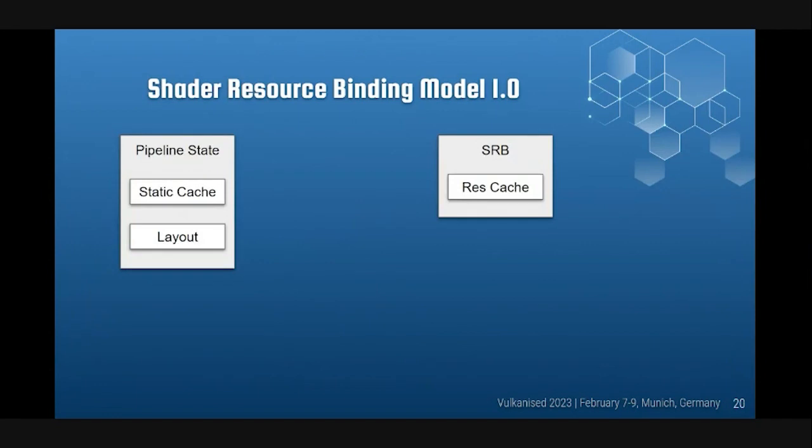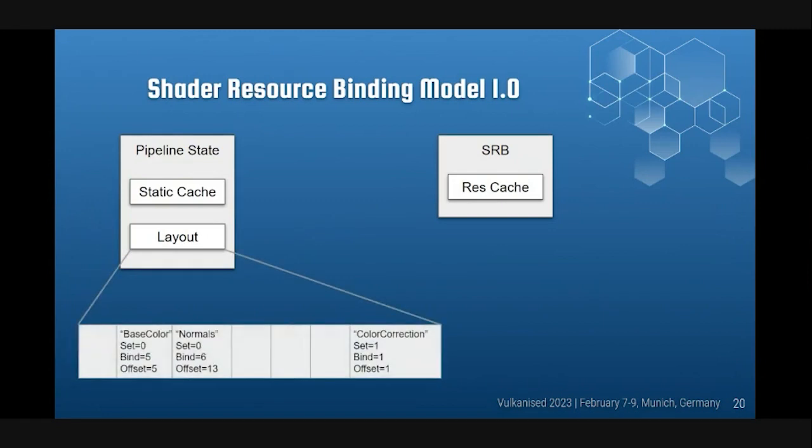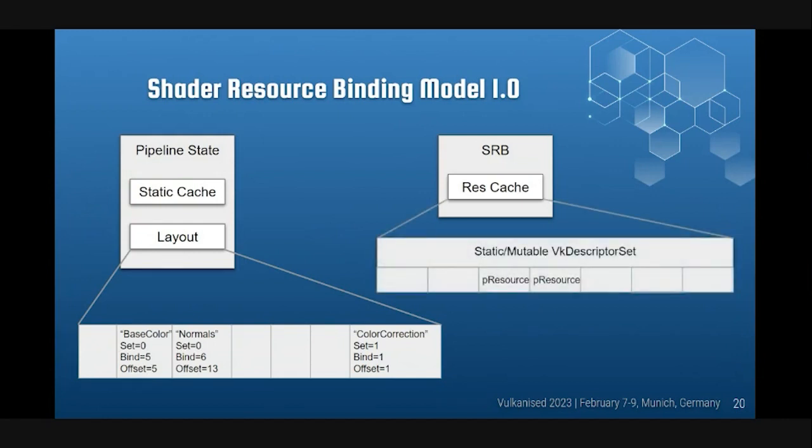So this is what the connection between different objects looks like. There is a pipeline state that contains the layout object, and the layout object inside it contains this array of resources, and for each resource we have a binding and offset. And the shader resource binding object is just a cache of resources, just a kind of an array with the resource data.